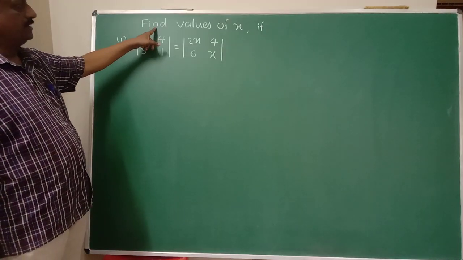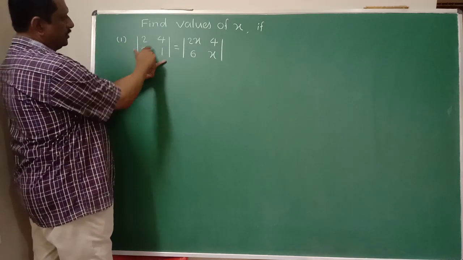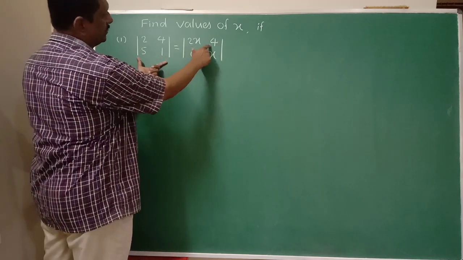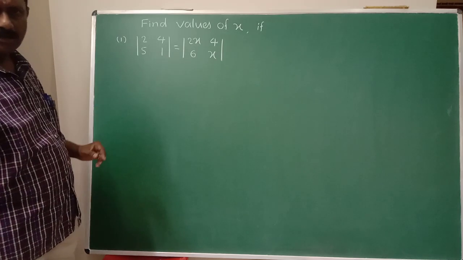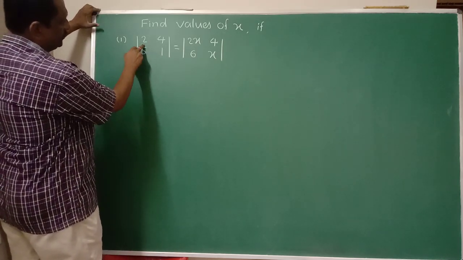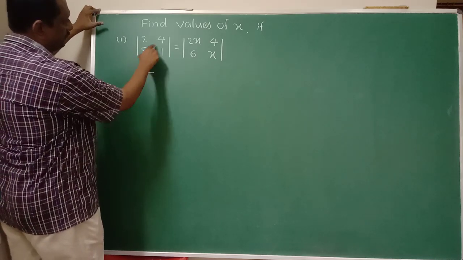Find the values of x, if determinant of [2 4; 5 1] is equal to determinant [2x 4; 6 x] here. Directly you can expand here, multiplying diagonal elements. 2 into 1 becomes 2, minus 5 4s are 20.